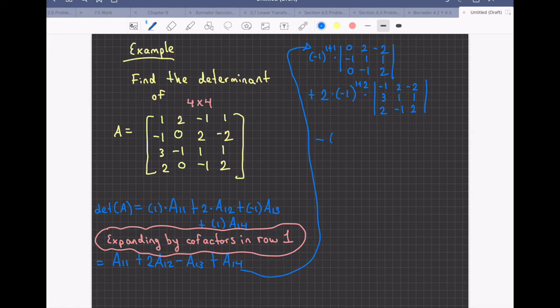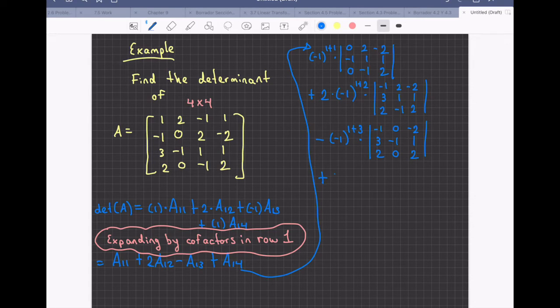Minus -1 raised to the 1 plus 3 times the determinant of the minor 1, 3. Remove the row 1, column 3. -1, 0, -2, 3, -1, 1, and 2, 0, 2.